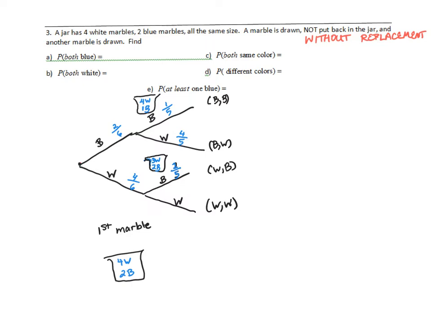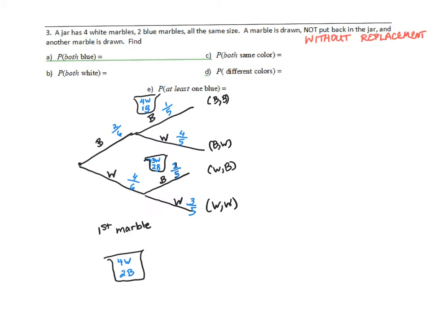And if the first marble was white, the probability that the second marble was white would be 3 out of 5. Wait, is that right? If the first one was white, the second one was white, yes, it would be 3 out of 5. That's correct.